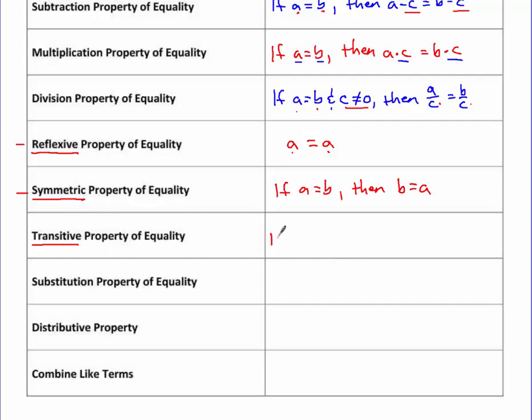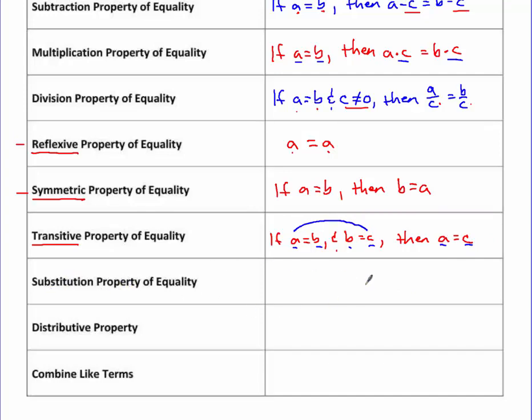Transitive is a little bit different, and the transitive property of equality says that if A equals B and B equals C, then A equals C. So it just says if something equals something else, and then that thing equals something else, well, the first thing equals the last thing, and A equals C.